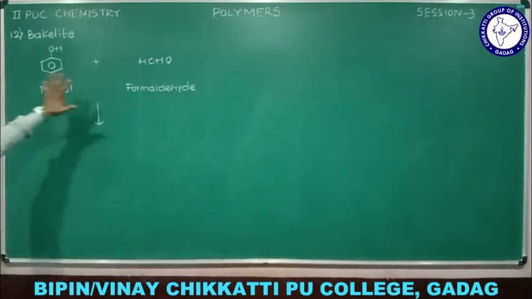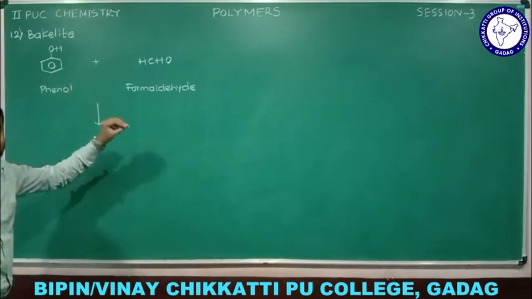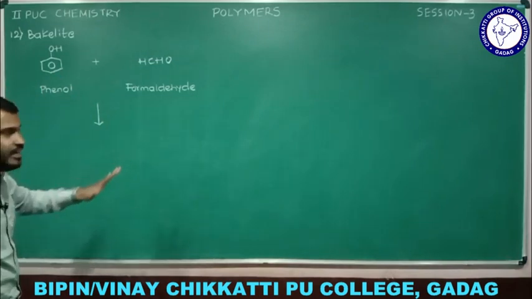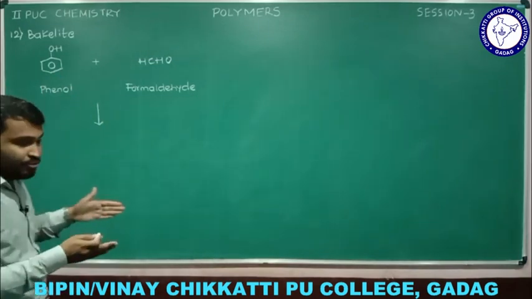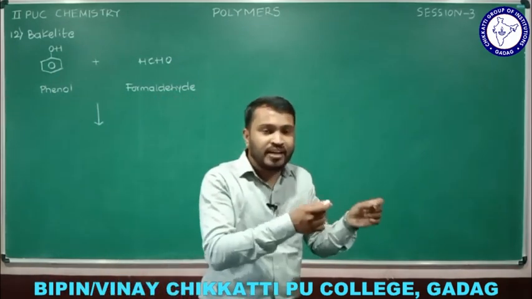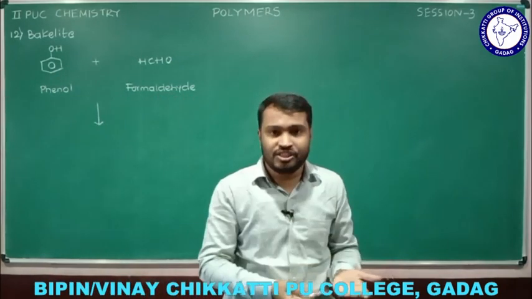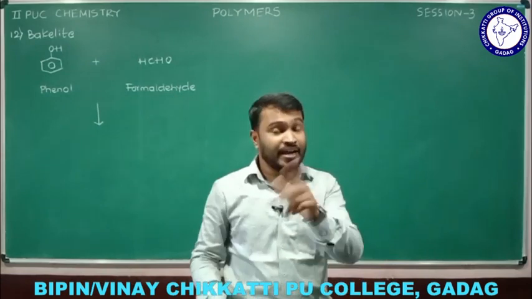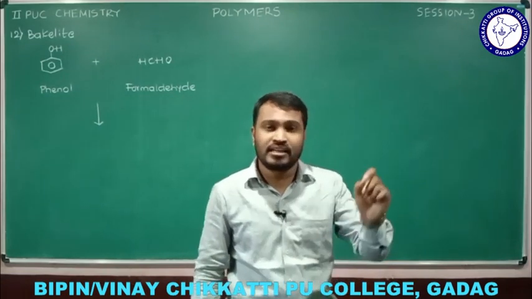So phenol and formaldehyde undergo condensation polymerization. It is a thermosetting polymer, which is nothing but a polymer that undergoes complete change after heating. And bakelite is a very good example of a cross-linked polymer also.